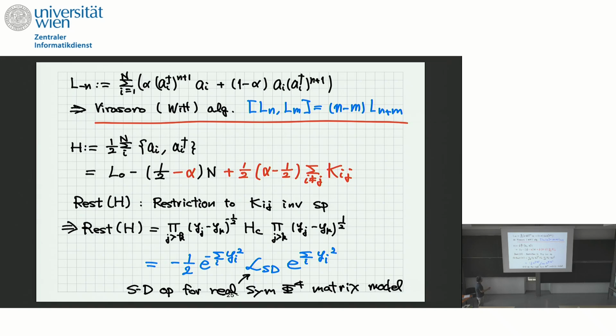But if we restrict our h to the Kij invariant space, then the Calogero Hamiltonian is written using some transformation by the Vandermonde determinant. And the gauge transformation of the Schwinger-Dyson operator is given by the restriction of H.